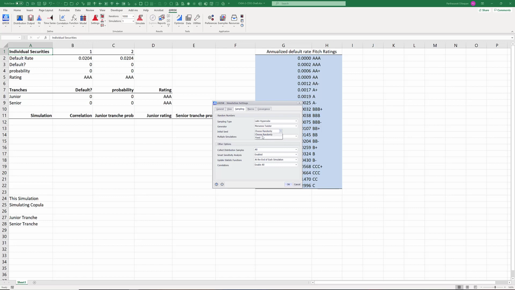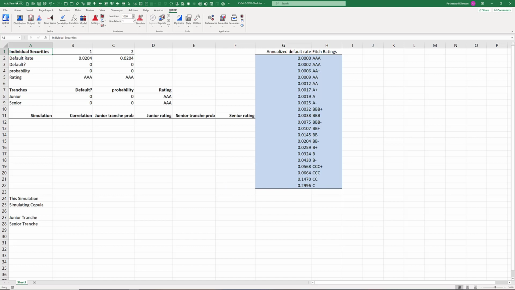The only reason why we are choosing a fixed seed is, in an academic setting, we want to see whether we reproduce the same results or whether there is any mistake in the model. That's the reason why we are choosing a fixed seed. We're going to simulate 10,000 times. Simulate.